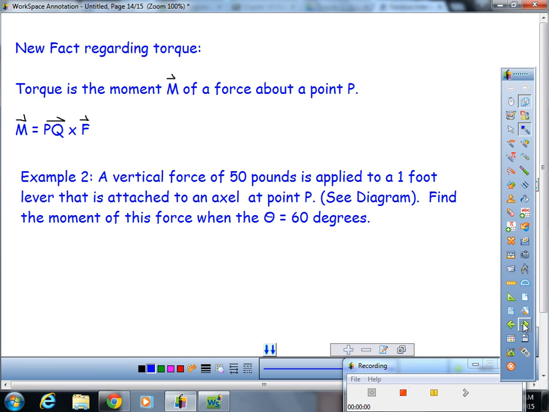So we're going to talk about torque, but the book refers to it as the moment of a force about a point. Okay? And this is how it's written. The moment represents torque, this right here. And it's the cross product of basically our lever and our force, if you will.